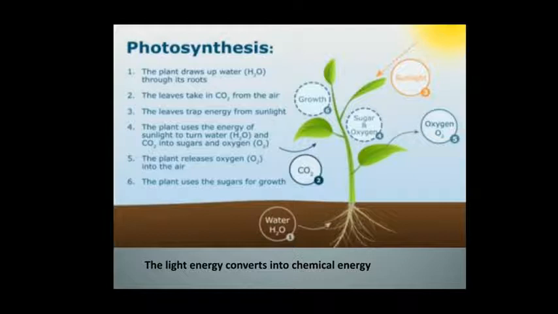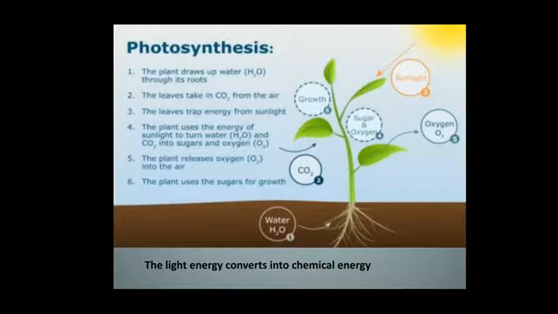Next, the plant uses the energy of sunlight to turn water and CO2 into sugars and oxygen. We have already made this clear. Next, the plant releases oxygen into the air. After completion of this process, it releases oxygen into the atmosphere.